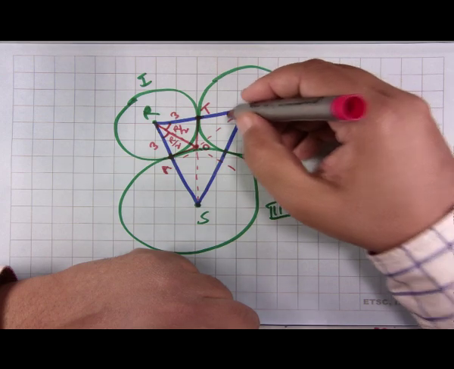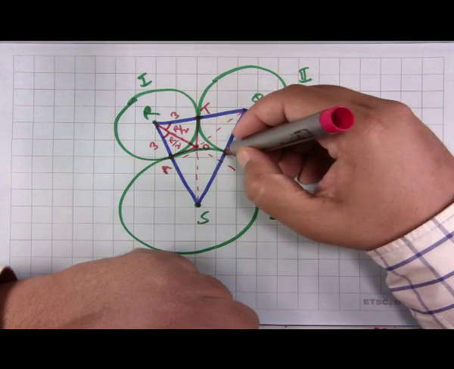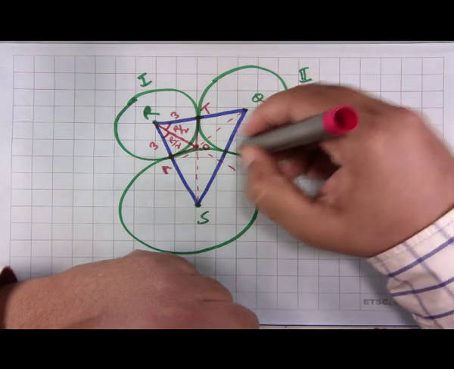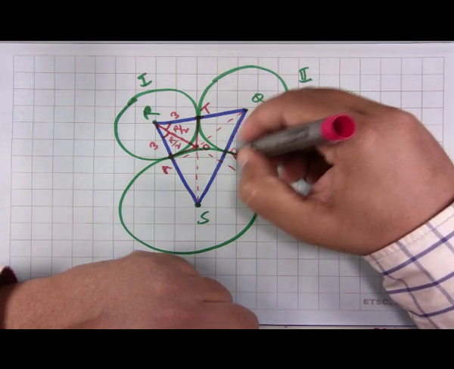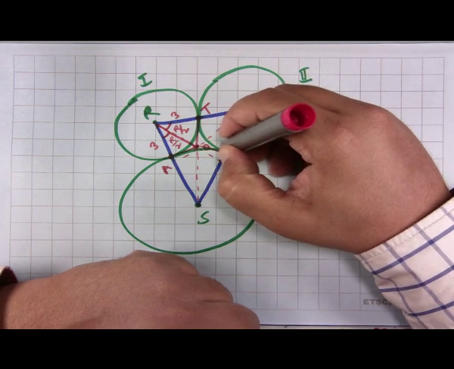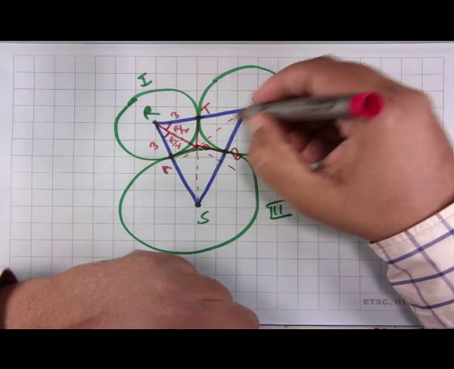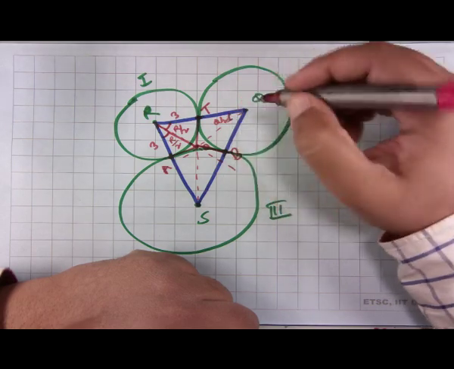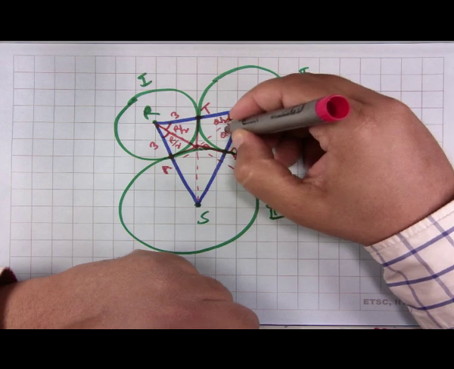In a similar manner, let us denote the point of contact of these two circles by point B. So this is point B, and we also join O and B together. Again, because this dotted line is the angular bisector, we have Q by 2 here and Q by 2 over here.